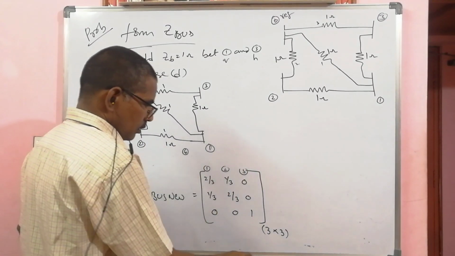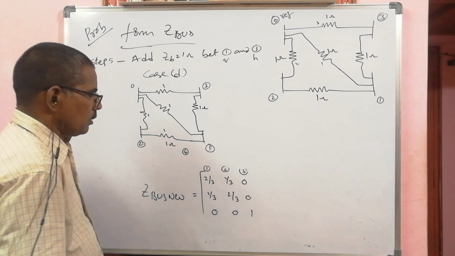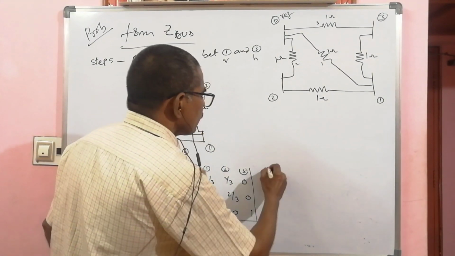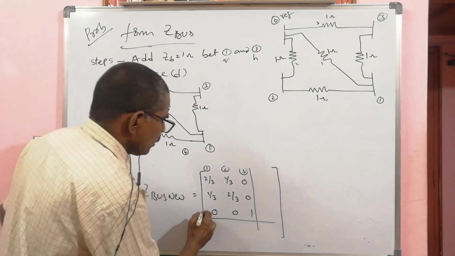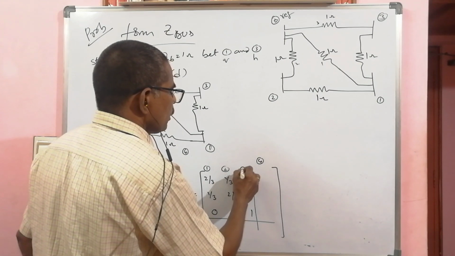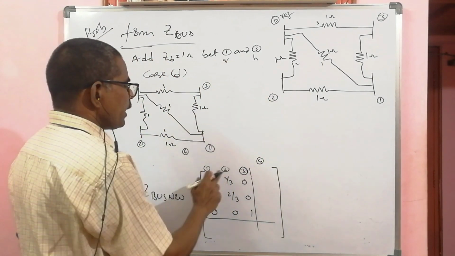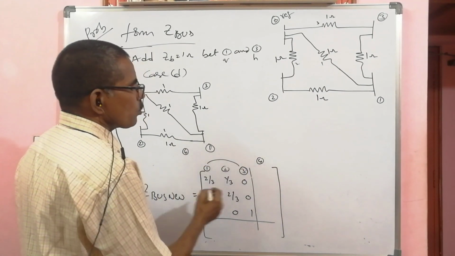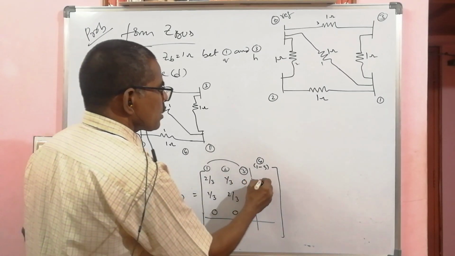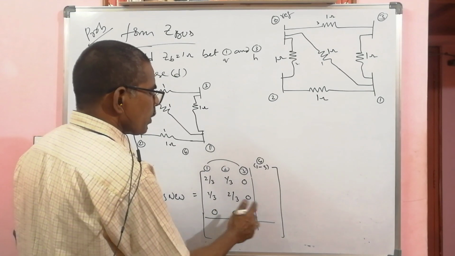Okay, so temporarily you need to add, this is existing, the fourth bus you are adding temporarily, which is between 1 and 3. So between these two, this is 1 minus 3, this minus this: 2 by 3 minus 0, 1 by 3 minus 0, 0 minus 1.